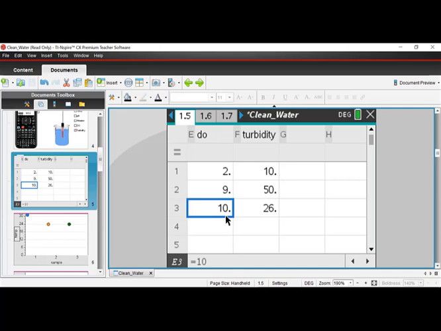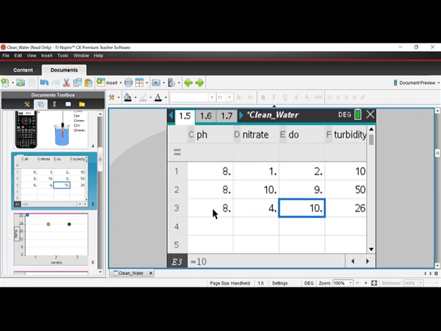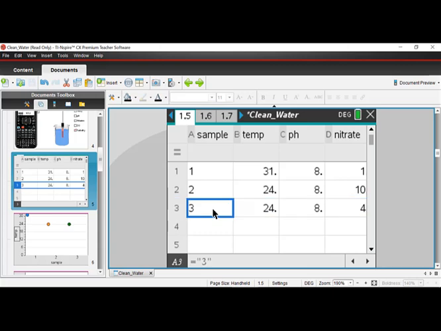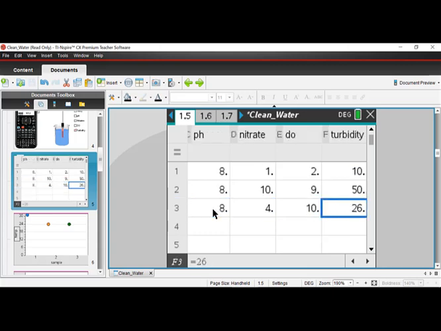You would expect out of these 3 bodies of water, you'd expect your DO to be highest in a large fast-moving river versus a pond and a creek. Nitrates were moderate. Not a lot of fertilization going on, unlike number 2. And temp didn't really help, pH didn't help distinguish. So it's got to be, I think, between the lower nitrates, but they're still elevated a little bit, just not as high as number 2.